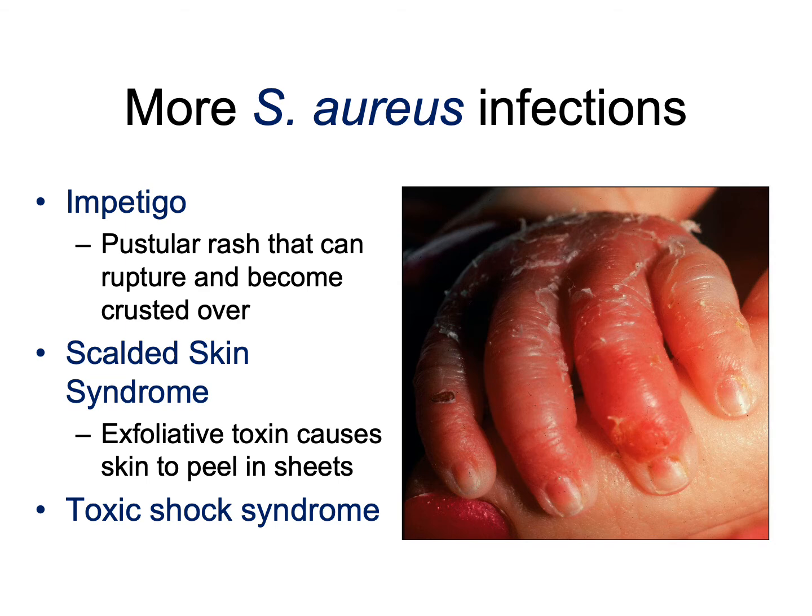Some additional Staph aureus infections that we are going to look at specifically are impetigo. So impetigo is caused by both Staph aureus and something coming up that we're going to talk about. But let's focus on Staph aureus for this. So in this particular Staph aureus infection, impetigo can occur in newborns to adults.